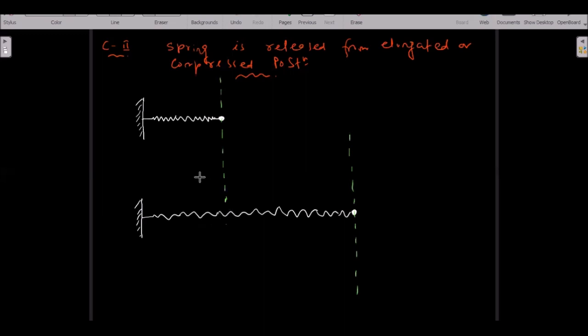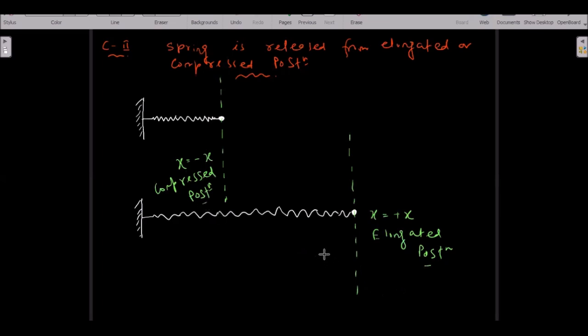Try to understand from here. This is x equal to minus x, that is the compressed position. This is x equal to plus x, that is the elongated position.